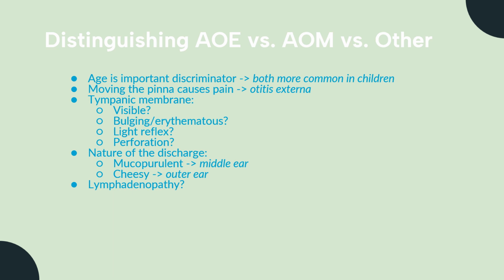In terms of discharge, if it's mucopurulent, that's a sign of more middle ear pathology, so maybe acute otitis media. Whereas a more cheesy discharge is much more common in acute otitis externa, so your AOE. And if there's any lymphadenopathy, that can be a sign that the infection or inflammation has spread, or potentially it is from another pathology to be considered.